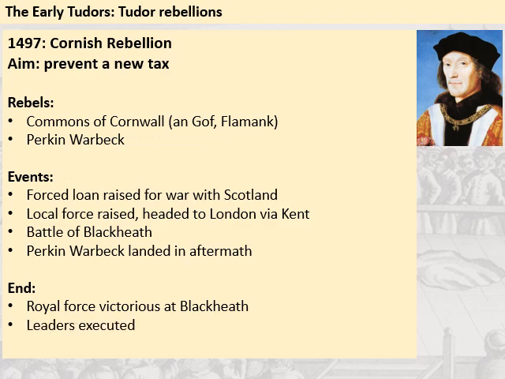So the royal force was victorious at Blackheath. Henry VII was present. This is important because, again, it marks him physically imposing himself over the country. The leaders were executed, and then harsh financial penalties were placed on the region, bringing it squarely under control.